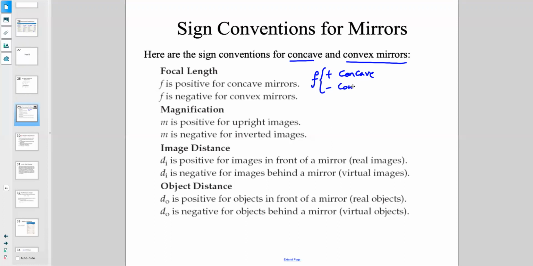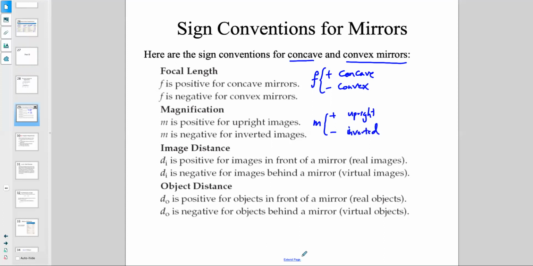If it's a convex mirror, F is negative. Magnification, M, is positive if we have an upright image, and negative when we have an inverted image.